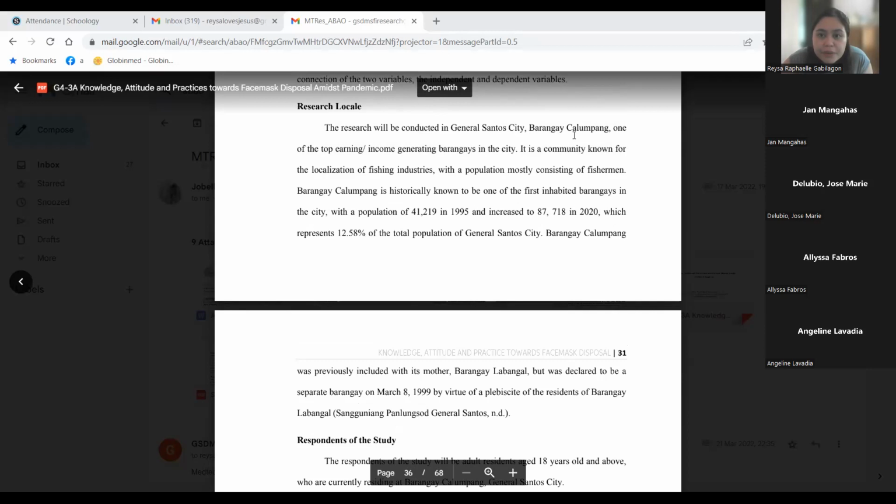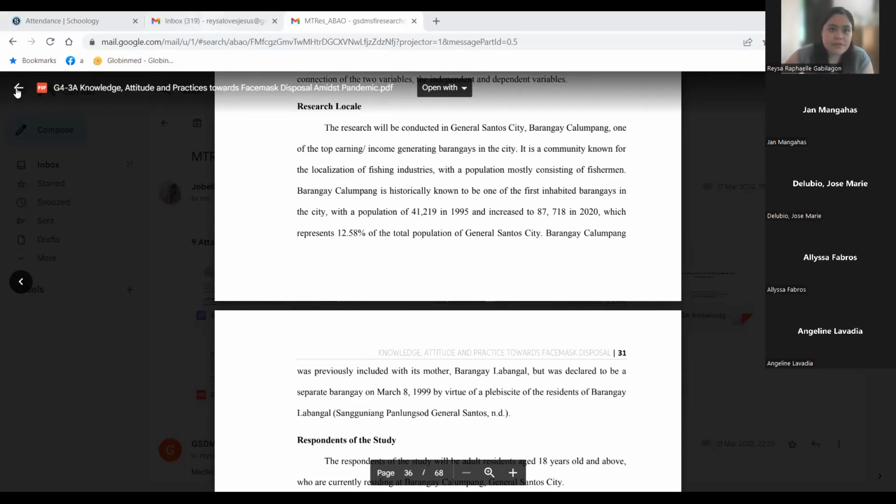And if we are going to read more in their research locale, they have actually provided here a description of Barangay Kalumpang. So yung description na sa ano yung mostly work ng mga tao na settler doon, and ilan na yung population, and so on. Okay?